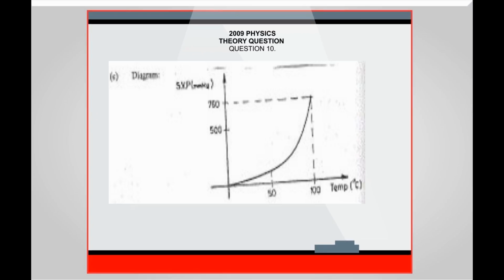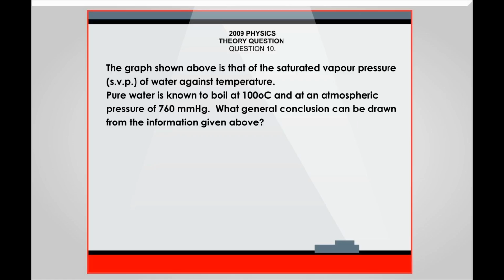C. The diagram is on the screen. The graph shown above is that of the saturated vapor pressure, SVP, of water against temperature. Pure water is known to boil at 100 degrees centigrade and at an atmospheric pressure of 760 millimeters of mercury.